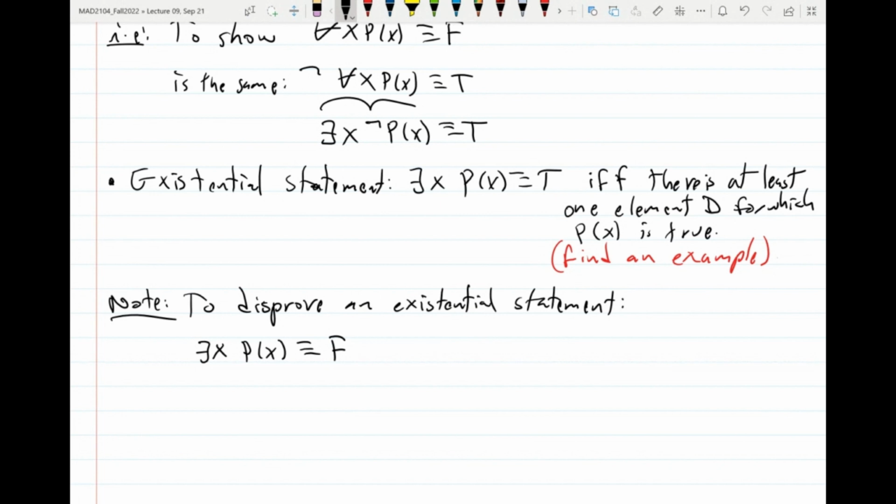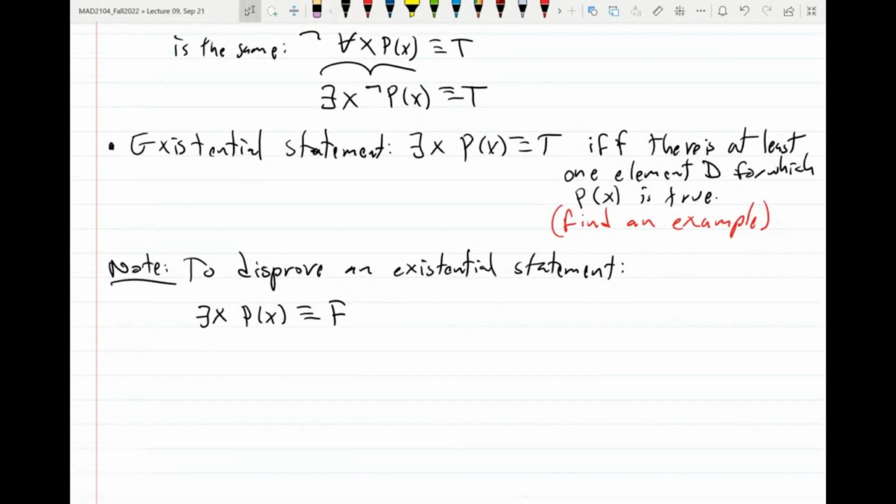Again, let's apply the same technique that we did above. To show that this is false, what would be an equivalent way of doing this? This is the same thing as saying that the negation is true. Yes? But now let's break this up more. What's the negation of this? For all x, not P of x. For all x, not P of x is true.